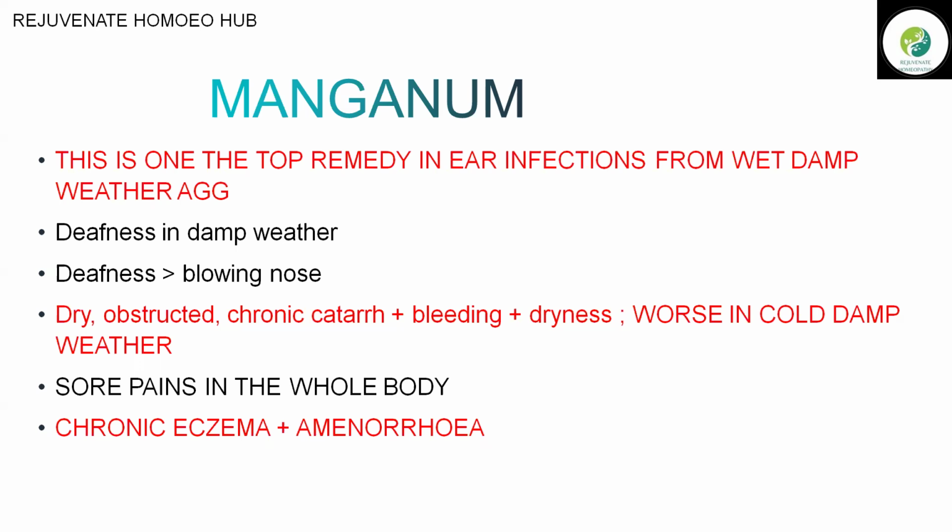Dry, obstructed, chronic catarrh, bleeding, dryness, worse in cold damp weather. Sore pains in the whole body, like baptisia, like bellis perennis. And one of the key confirmatories of manganum: they suffer with chronic eczema with amenorrhea. This is manganum.